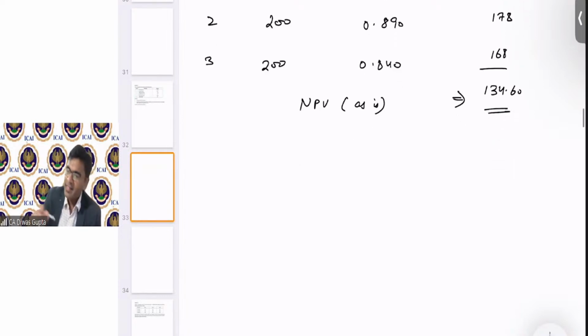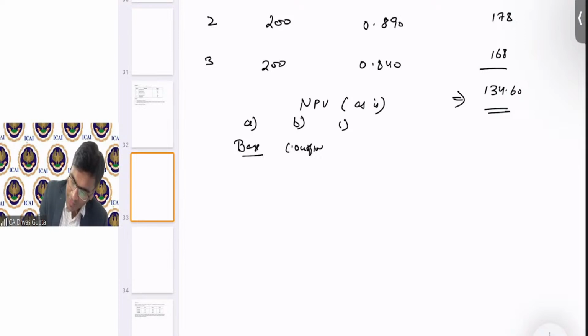Okay. So let's make these different scenarios. We will put all the scenarios compared to the base. So first we will write base. Then this is our A. Then in B case, we are changing the cash outflow.